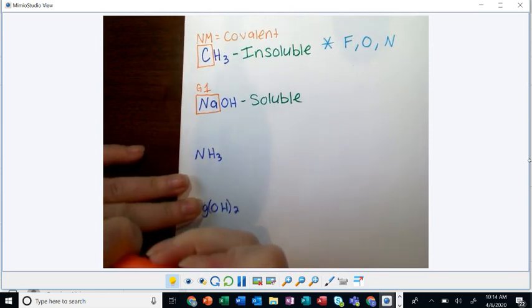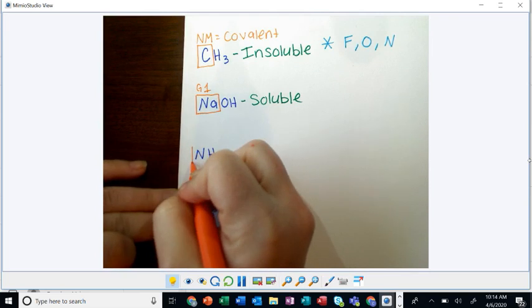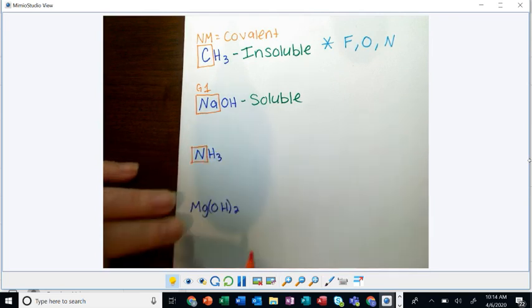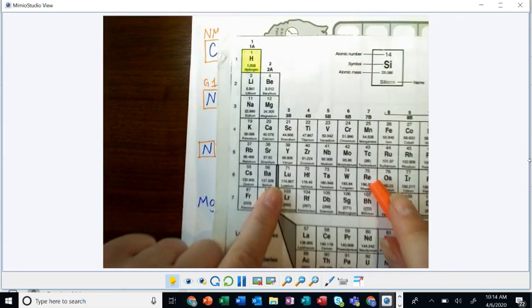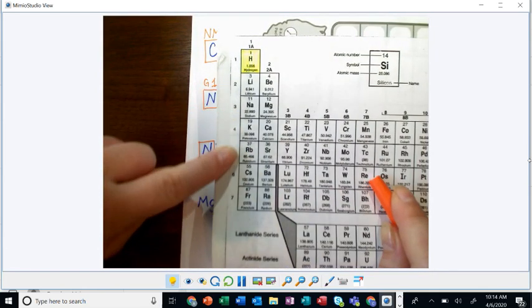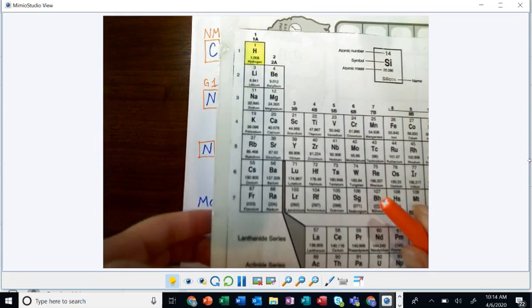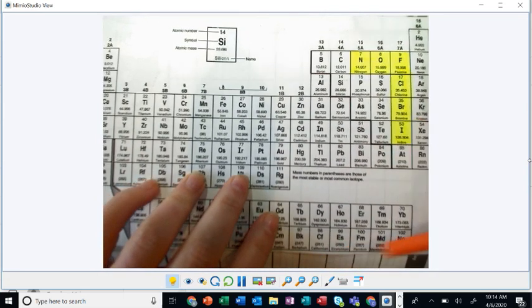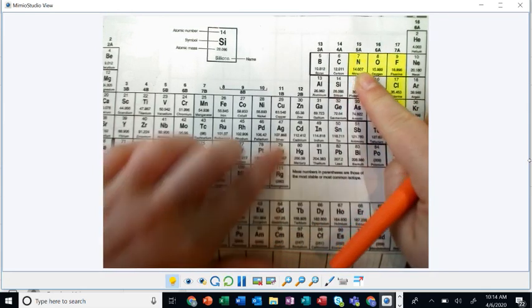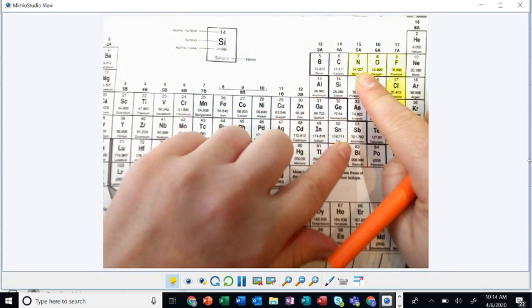Next one. We have N. Again, look in group 1 to see if we find N. We do not. So I'm going to see if it's a metal or a non-metal. All right, here is N. N is to the right of this zigzag line.